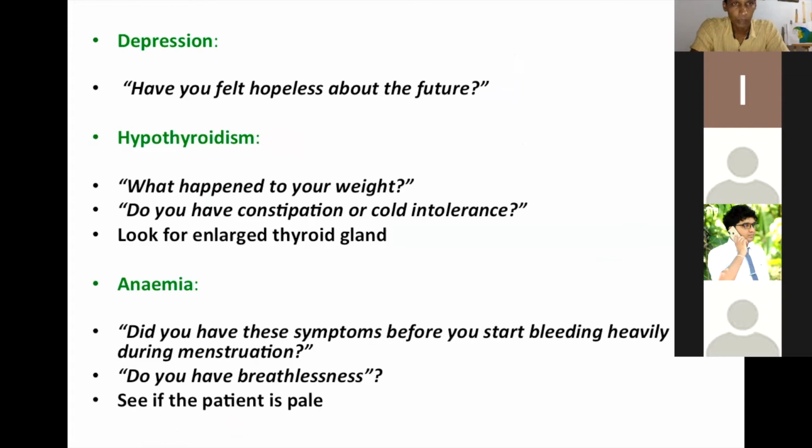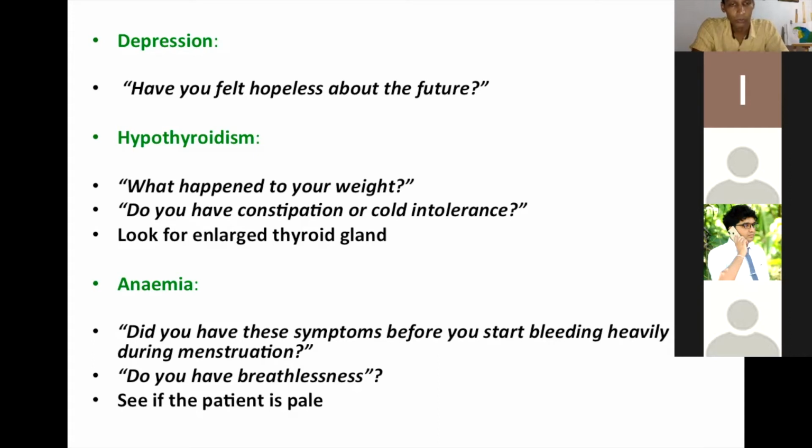Right? Now, feeling hopeless about the future would be something rather specific for depression, a non-biological symptom of depression. And for hypothyroidism, an enlarged thyroid would be the most obvious clinical sign that points towards hypothyroidism or some thyroid abnormality, right?